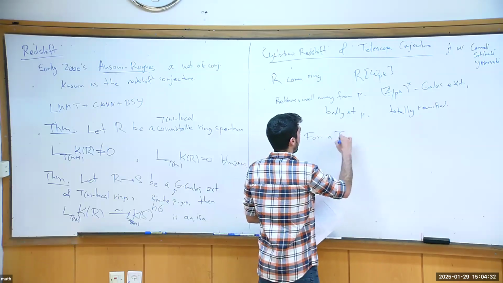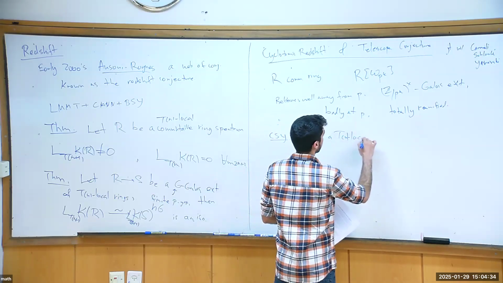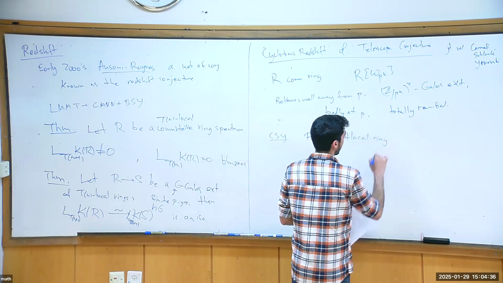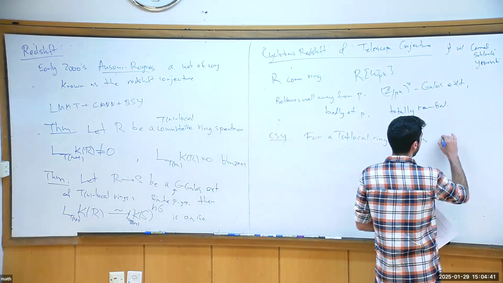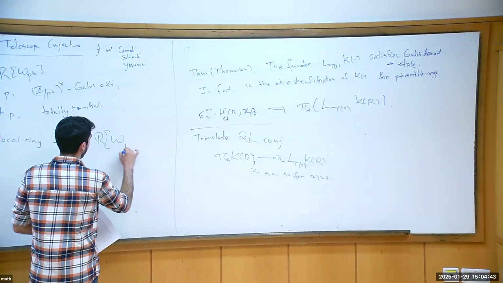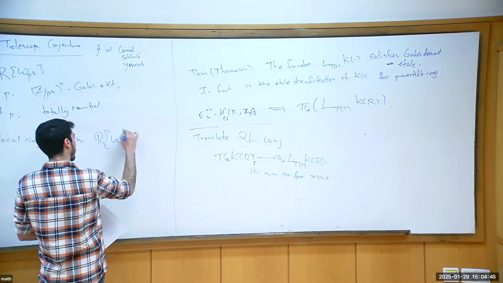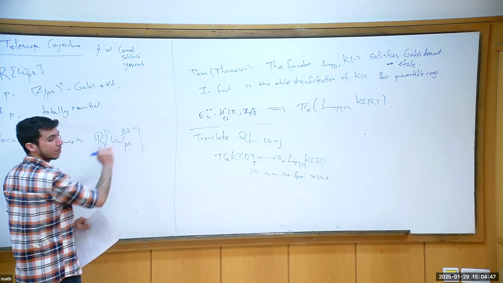So for a T_n local ring R, there is a ring which we denote this way, but we also put n here because the construction depends on this height.